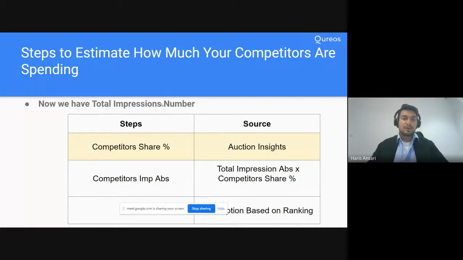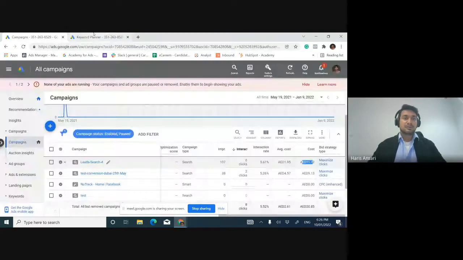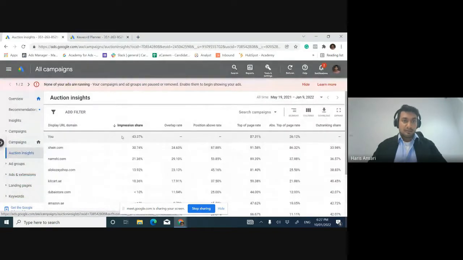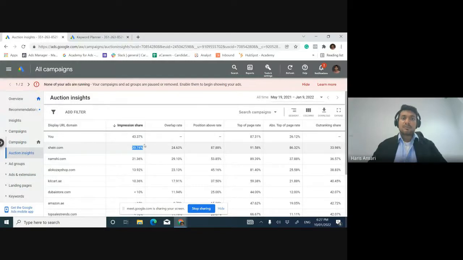What else do we know about the market? We know how much competitors are getting, because that is something we can see in the auction insights. If we go to auction insights, we can see our impression share as well as the impression share of competitors. Anyone who is confused about impression share can ask the question right away, and I'll explain it in detail.